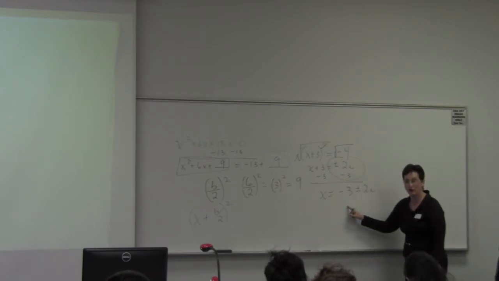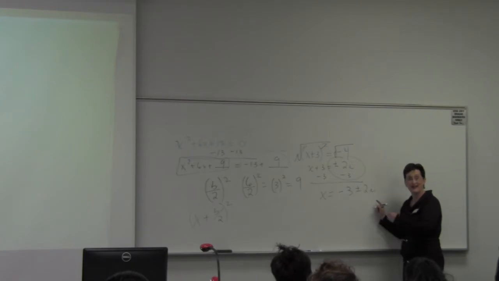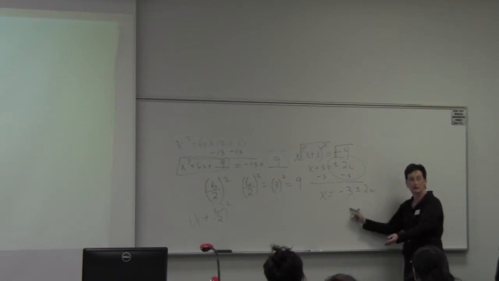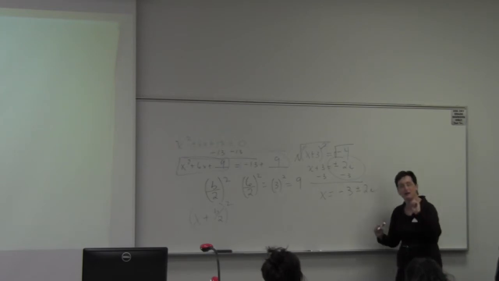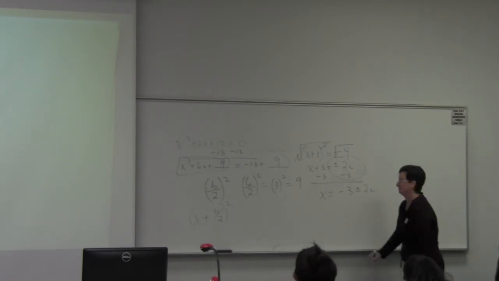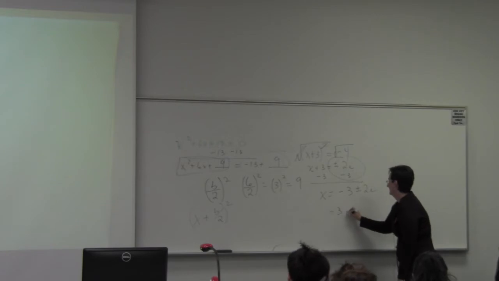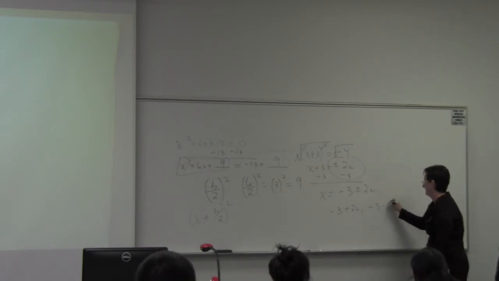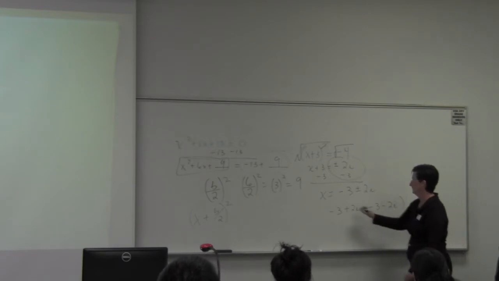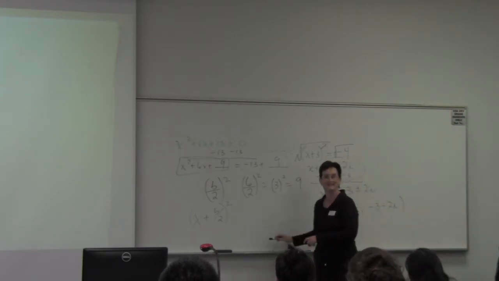Write the number first and then the radicals or the i's last. Number first, radicals last. Now, on the computer, how are they going to make you write this? Comma. So don't say I didn't warn you.